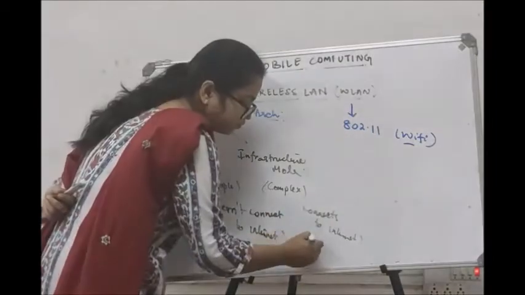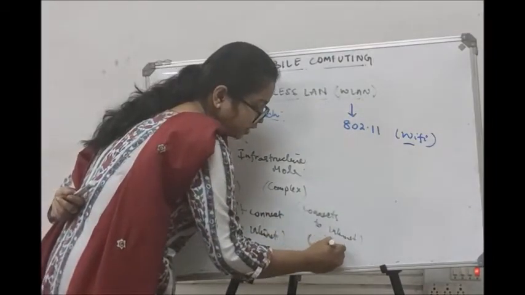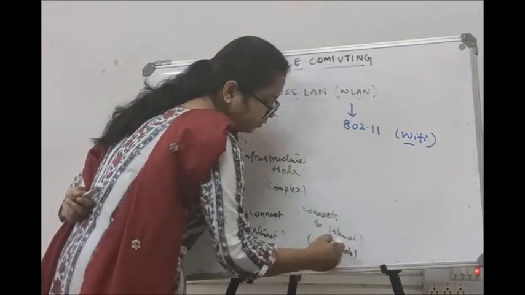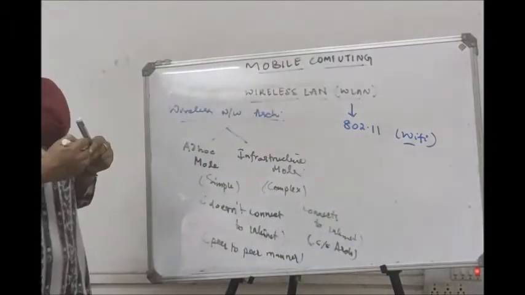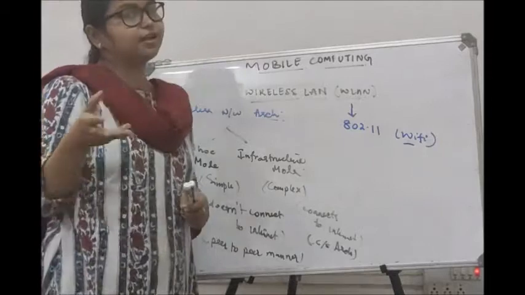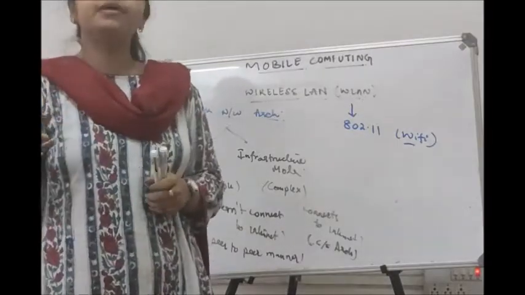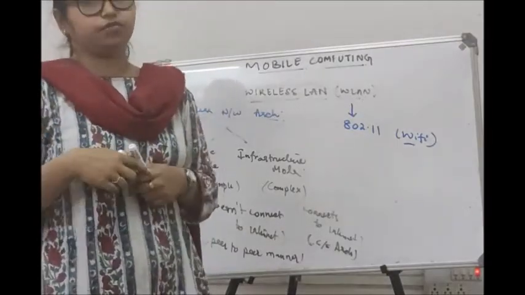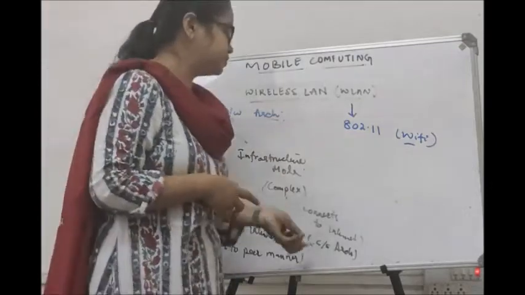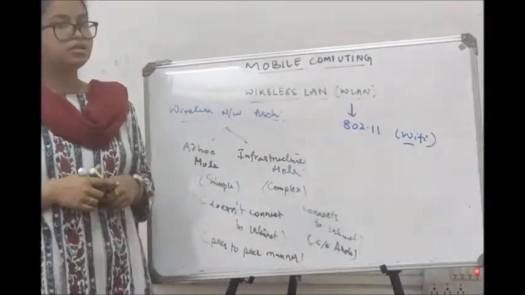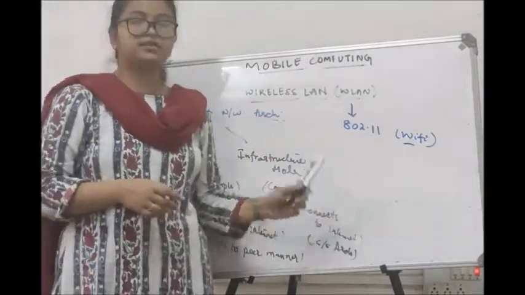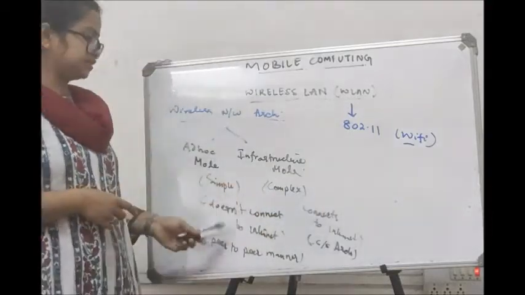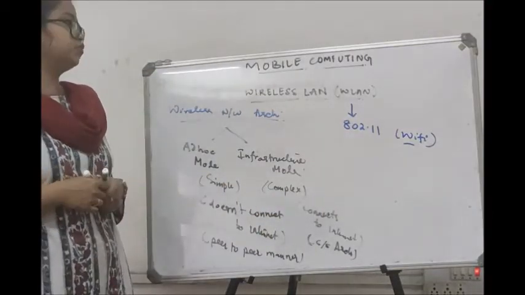It uses the client-server architecture, because it connects to the web, and in web services there is always a client and a server. So it works in a client-server manner, while ad hoc works in a P2P manner, that is peer-to-peer.